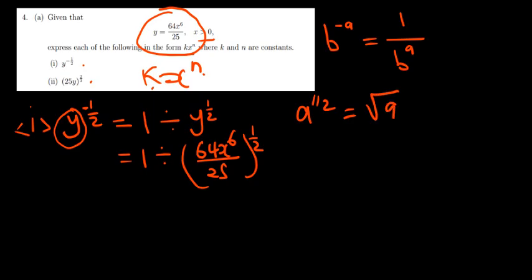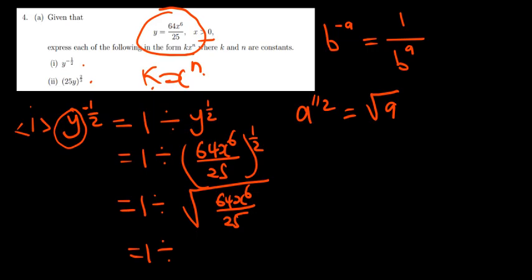So this is the same as 1 divided by the square root of 64x to the power 6 divided by 25. We can distribute this square root to the 64x to the power 6 and to the 25, so it will be the square root of 64x to the power 6 divided by the square root of 25.